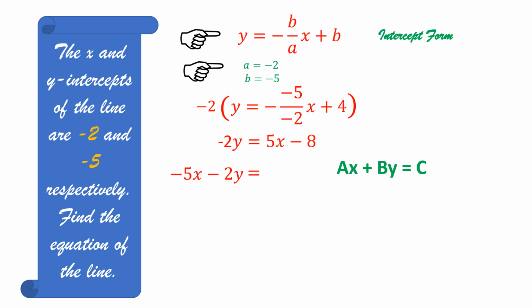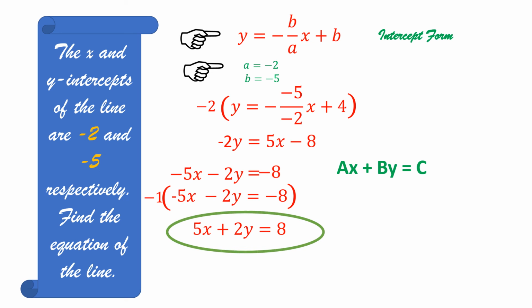Copy the y term, and the constant term is -8. Since our leading coefficient is negative, we need to multiply both sides again by -1. So that will become 5x plus 2y is equal to positive 8, which is now the standard form of the line or the equation given the x-intercept and the y-intercept.